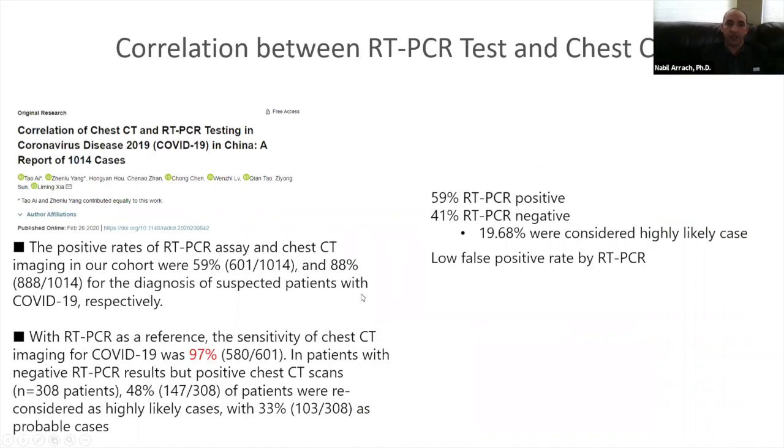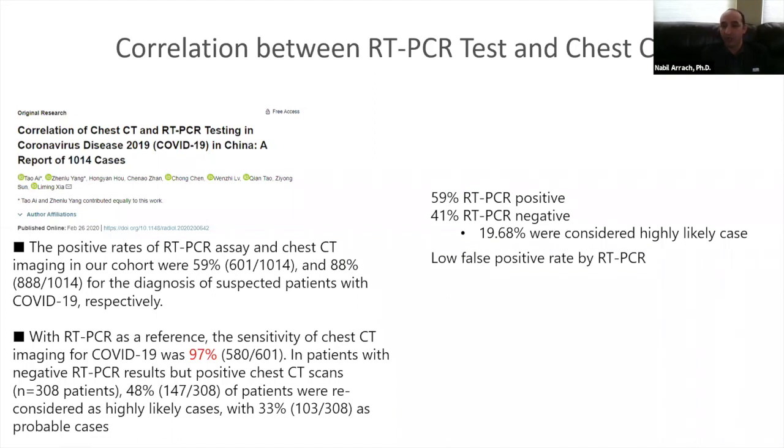And so there are other studies that have looked at the correlation between RT-PCR and chest CT. In this study, they wanted to show how good CT is as a diagnostic tool. So they used RT-PCR as a reference, and all positive candidates from RT-PCR were tested with chest CT. 97% of them were positive with CT.